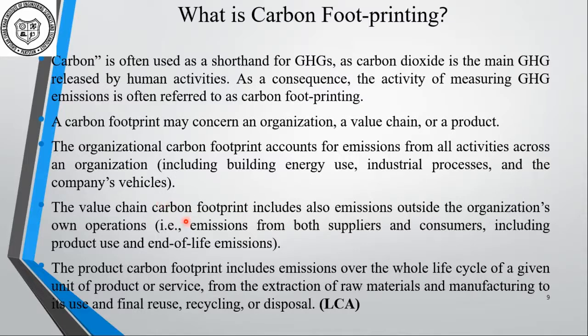The next bit is obviously the value chain. In the value chain, the carbon footprint includes emissions outside the organization's own operations. So it includes internal and external, but is more concerned with your external stakeholders. You measure the emissions from the suppliers and the consumers, including product use and end of life emissions.